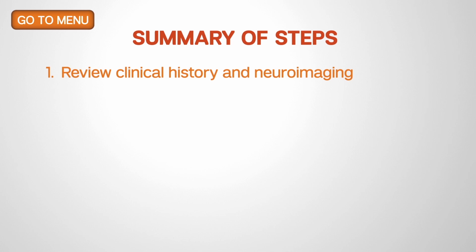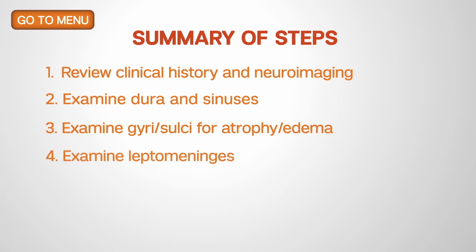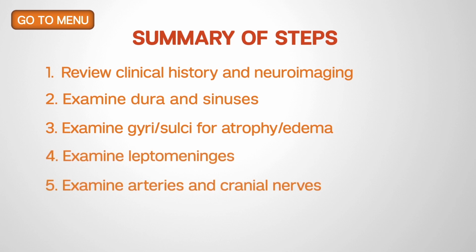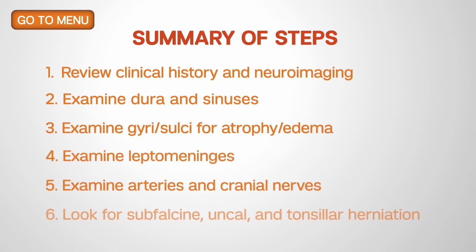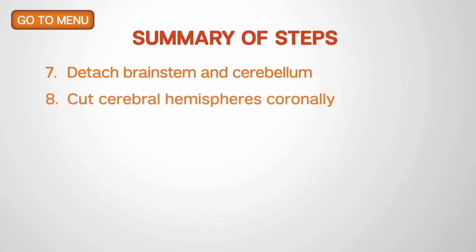So after examining the clinical history and the radiology, we then examine the dura, we examine the exterior surface of the brain, we examine the vasculature of the brain, and any lesions that we can identify on the exterior. Then we would proceed to detach the brainstem and cerebellum, cut the supratentorial compartment coronally.